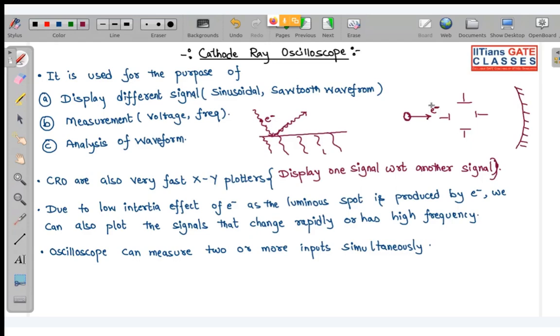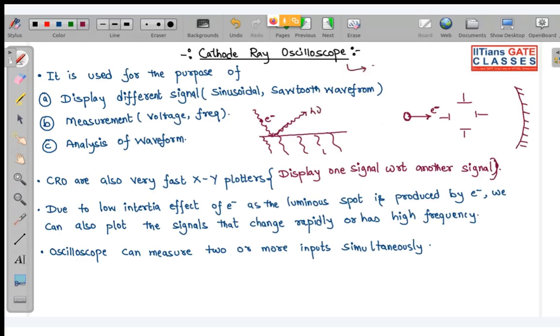When this energized electron strikes a surface of a particular coating, it emits a photon.